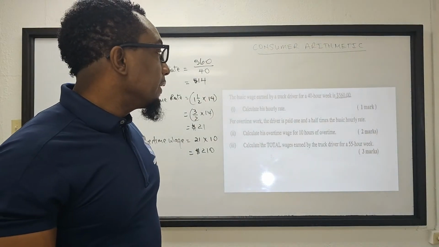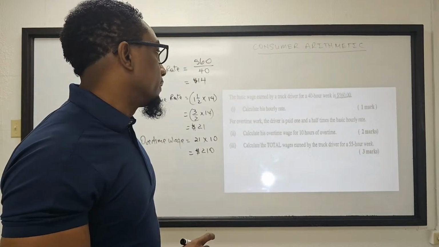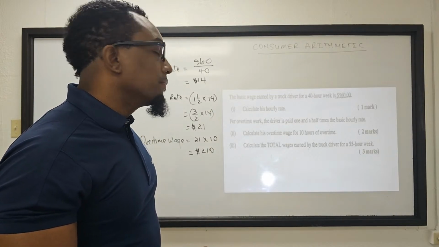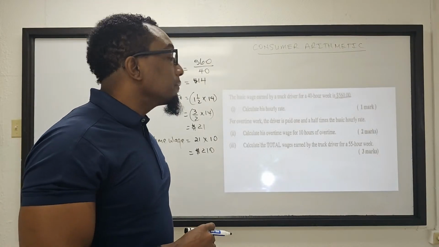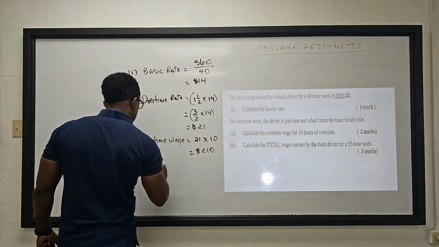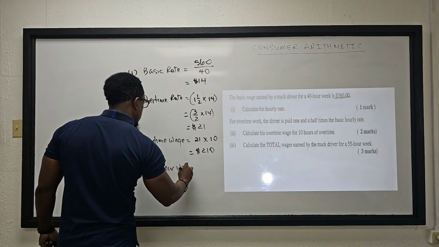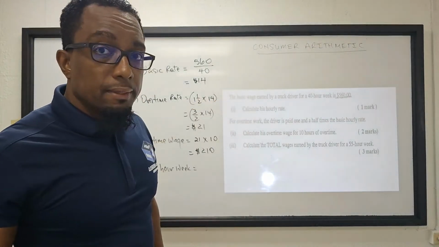Part 3. Calculate the total wages earned by the truck driver for a 55-hour week. If it's a 55-hour week, then this 55-hour week will comprise your 40-hour week, right?